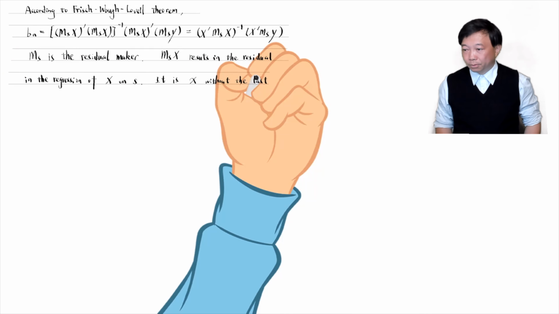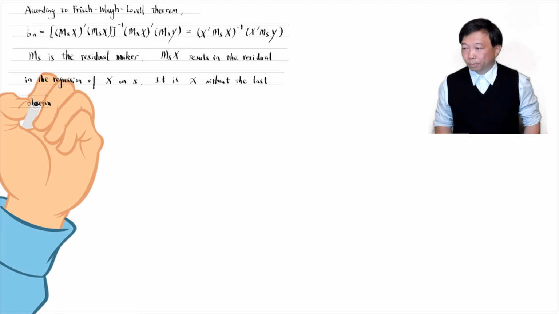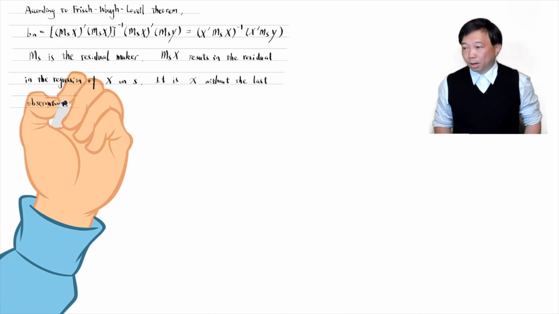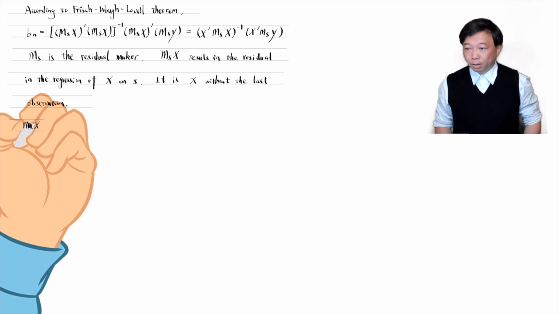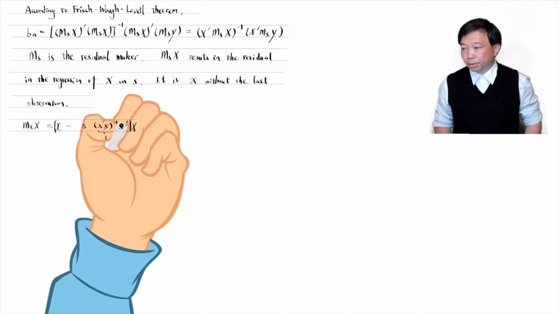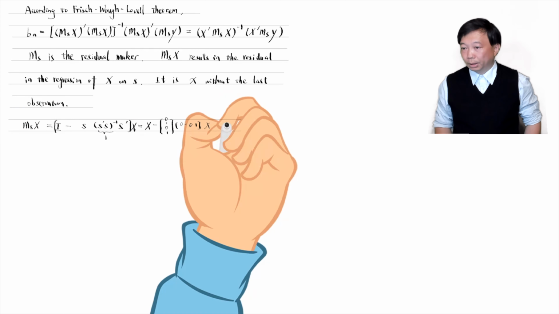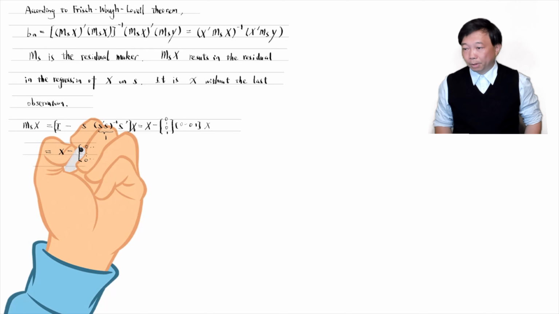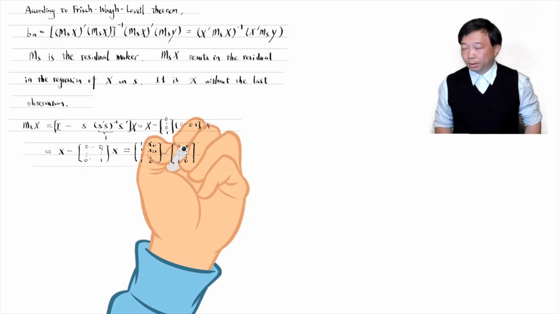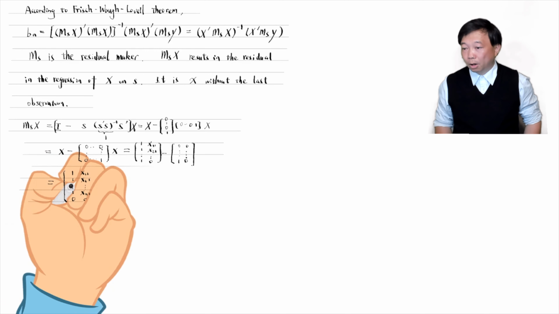It is x without the last observation. To see it clearly, we write out the definition of the residual maker matrix and use matrix algebra. It shows that x pre-multiplied by Ms results in x dropping the last observation.